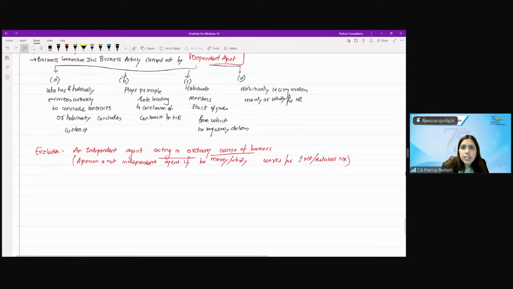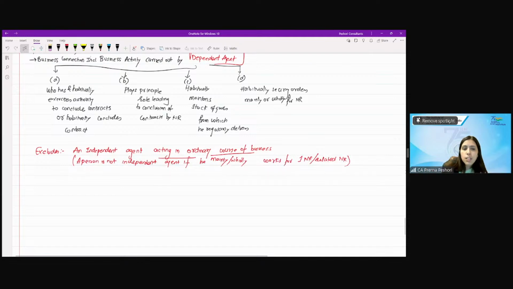Is the dependent agent point clear to all of you? Yes. Is this clear? Yes or no? Yes, all the students, please tell me whether this particular point is clear.